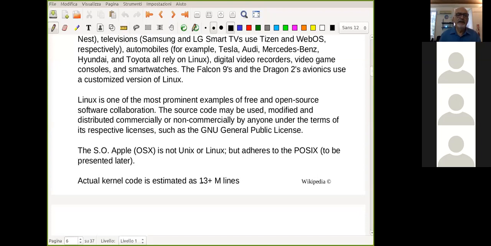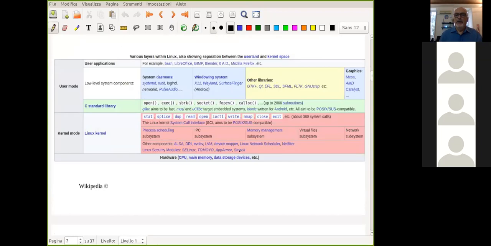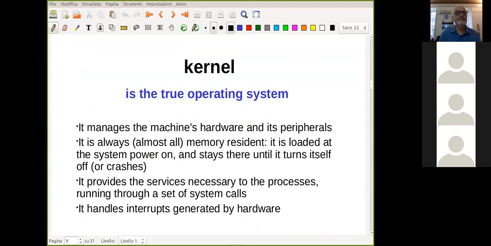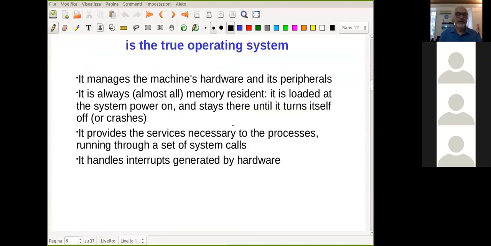The number of lines of code are estimated as 26 million, so we'll correct: 26 millions of lines of code. This is an important slide that will be appreciated and discussed at the end, not now. Unix kernel. Last 4 minutes.